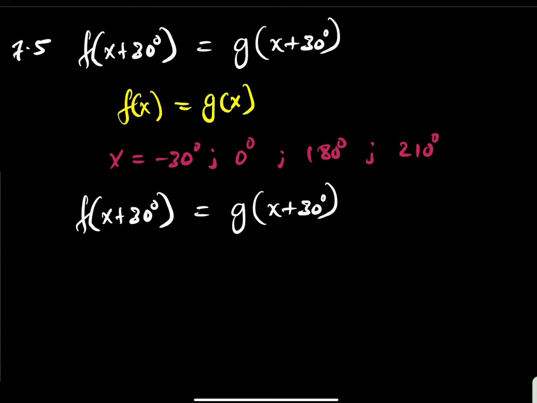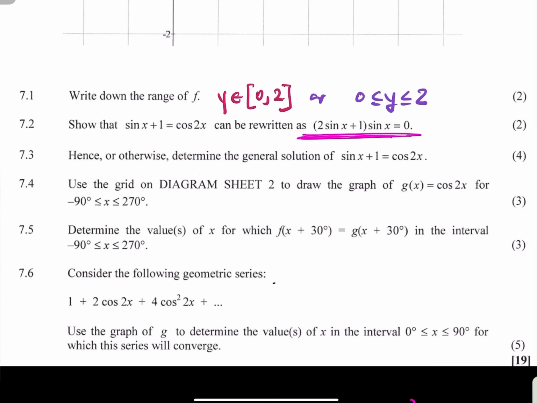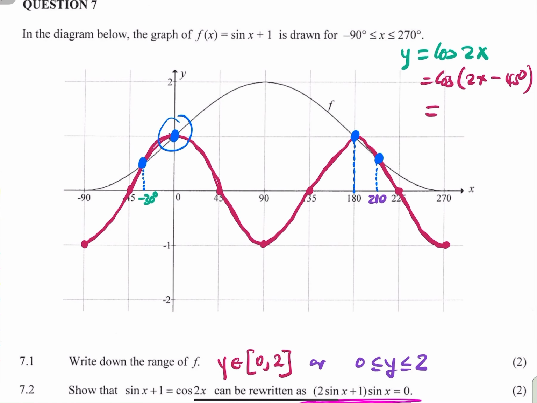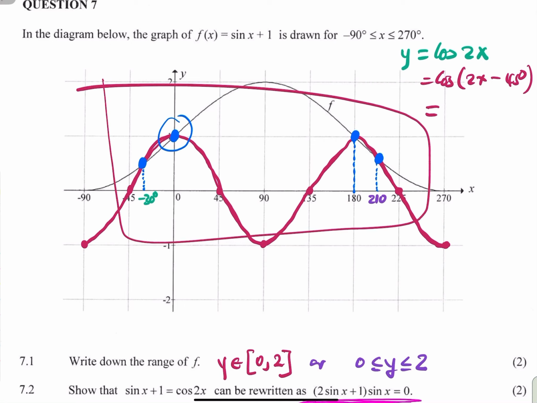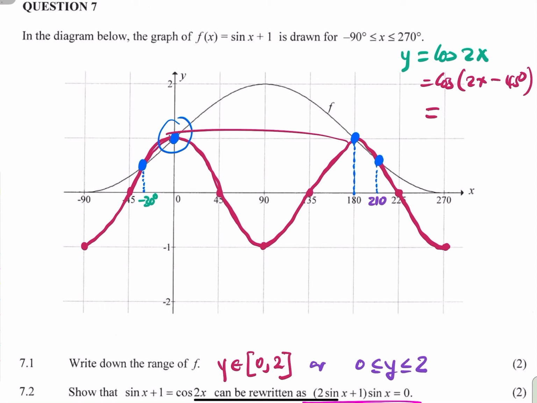So I'm going to move these points to the left by 30 degrees, because think about it. If you are to move these graphs to the left, that means this side, you are moving it to the left by 30 degrees. It means that this point is going to move this side by 30, and then this one as well, it's going to move by 30.